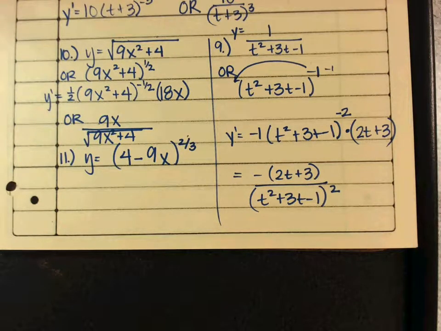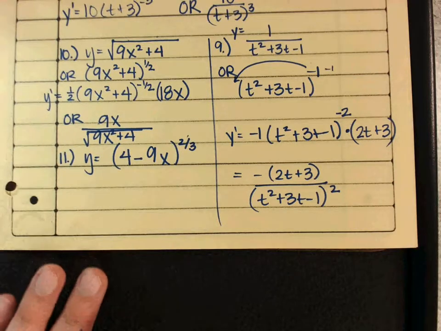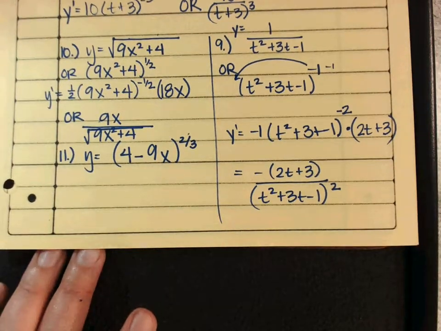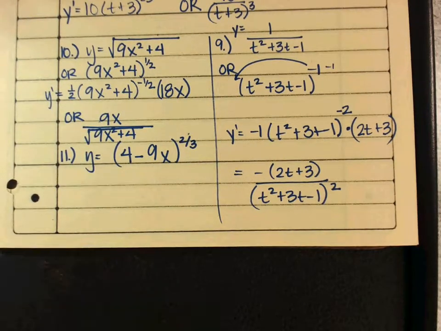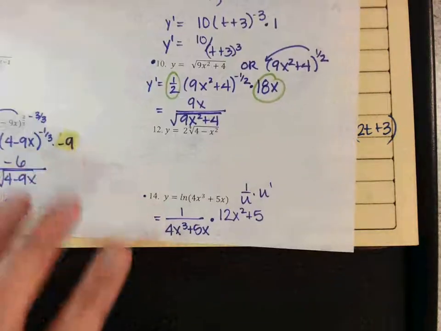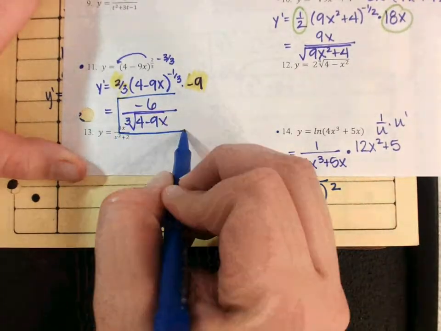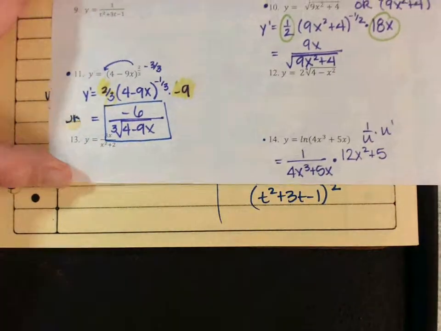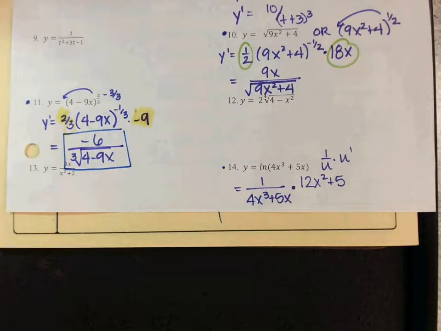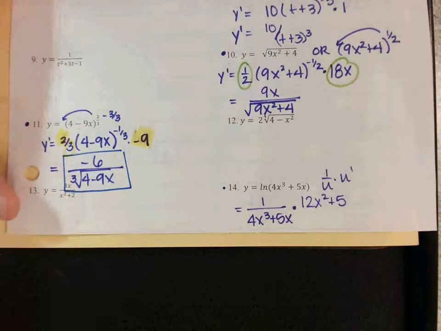Okay? Alright, we don't really have time to do number 11, but the answer is here. Did you get it? So when you do 2/3 times negative 9, then you can reduce that.